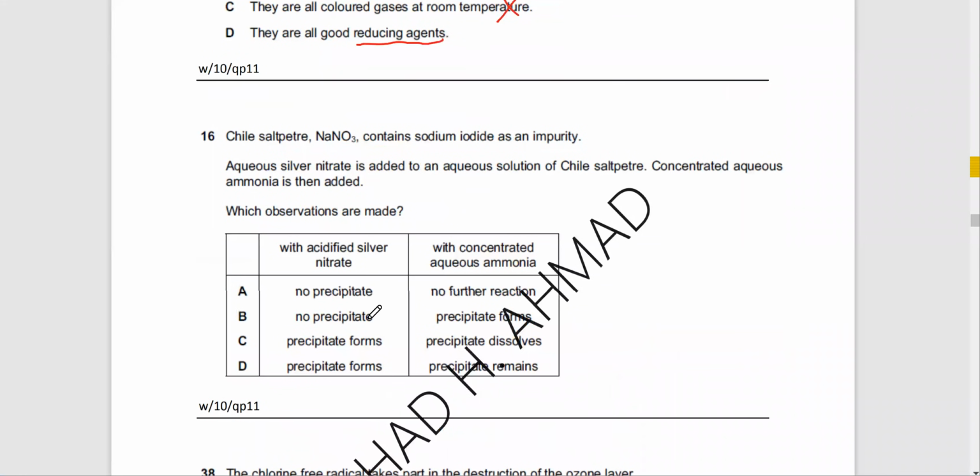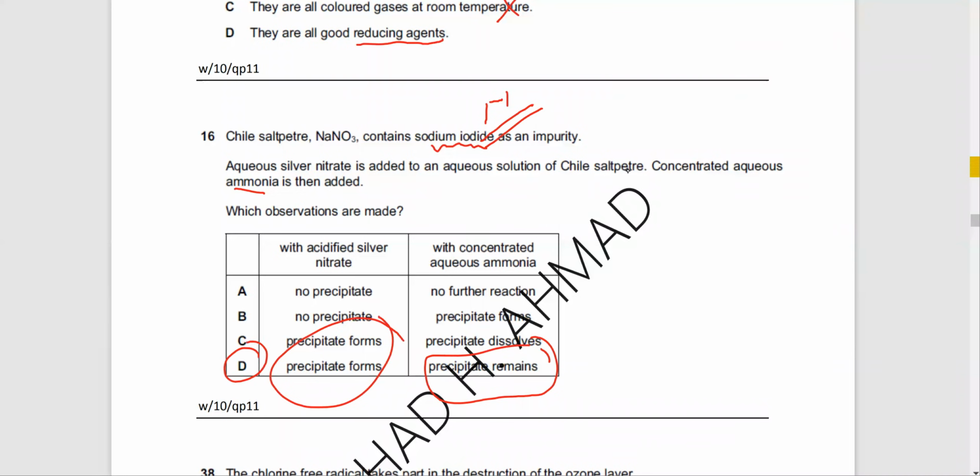Next one is that silver nitrate is added to an aqueous solution, and he says that it contains sodium iodide, I minus one ions. So concentrated ammonia is added. What would be the observation? Now with I minus one, a precipitate forms, and the precipitate is going to remain.